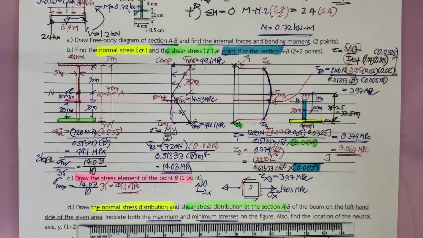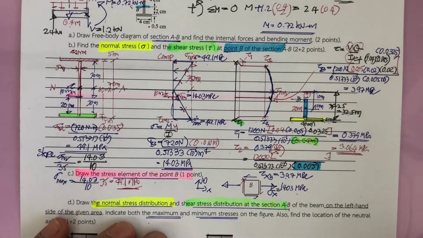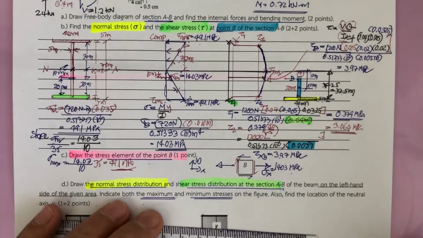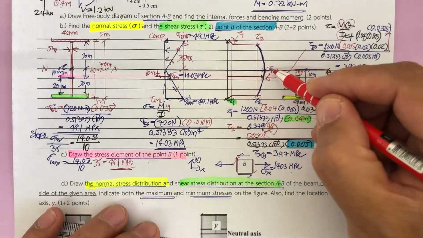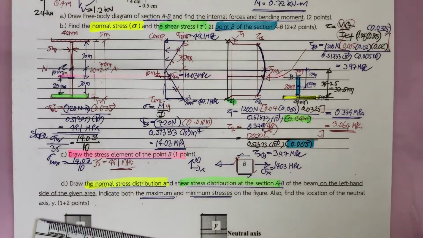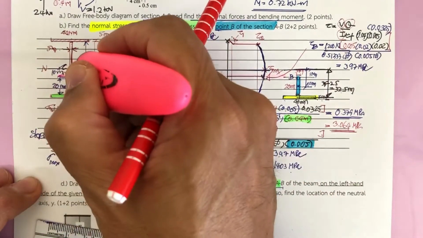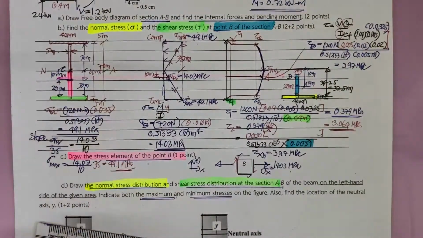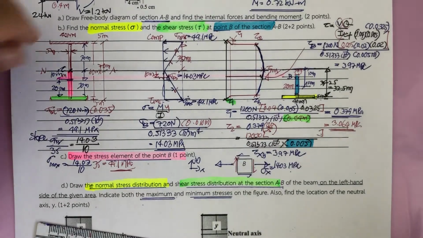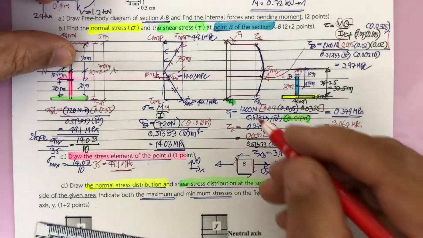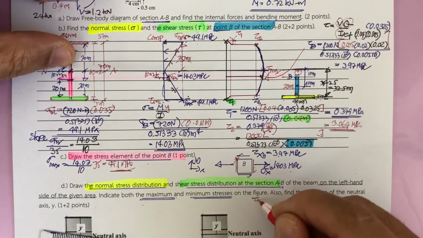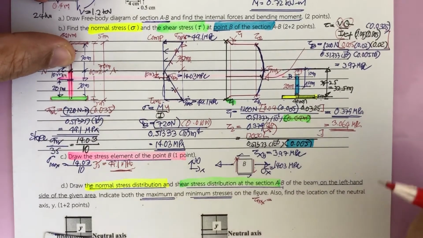Okay, and the last one, we need to compute the tau max. When you compute the tau max, you have to compute based on this total area. Okay, so same thing, tau max still comes from the same thing.